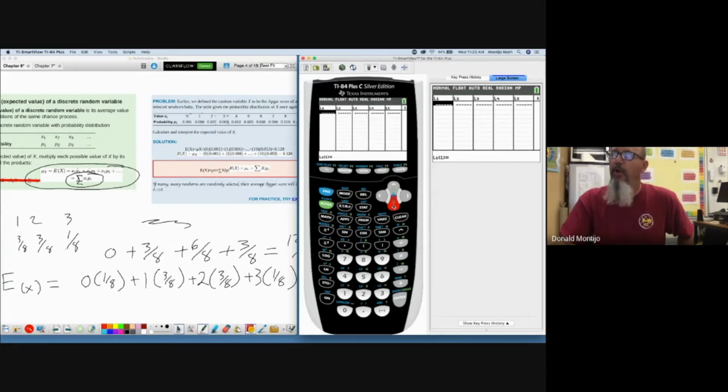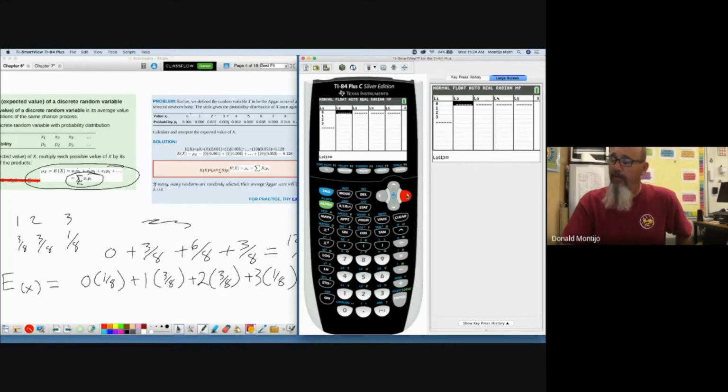So I'm going to put all of my X values in list 1. So I could have had 0 girls, I could have had 1 girl, I could have had 2 girls, or I could have had 3 girls. Now, in list 2, I'm going to put the corresponding probabilities. So X1 was 0. What was the probability of having 0 girls? Oh, that was 1/8.